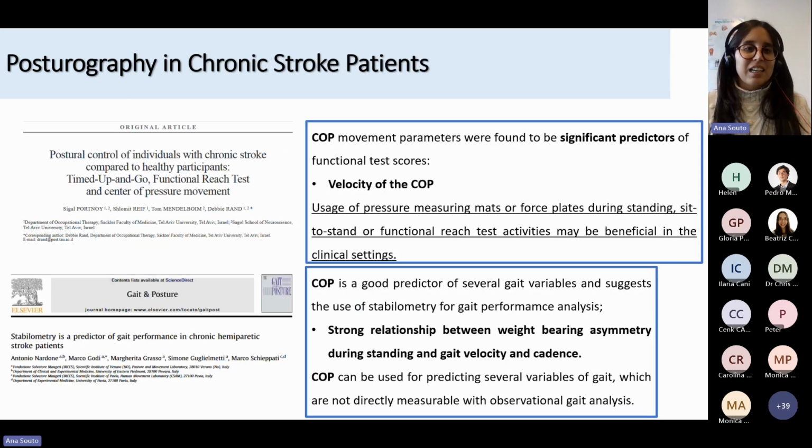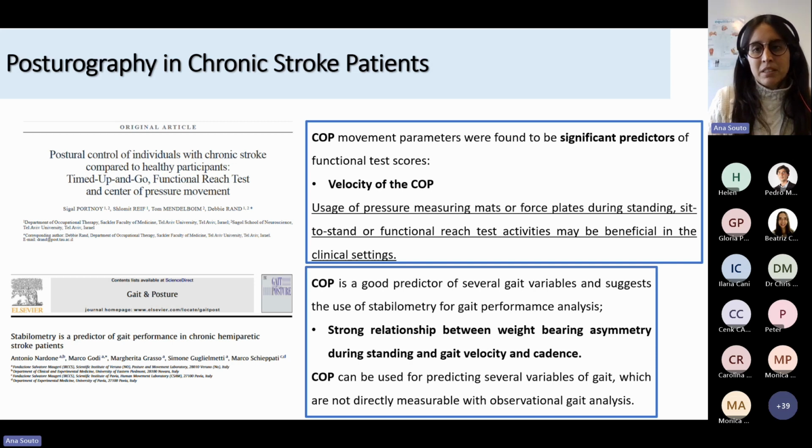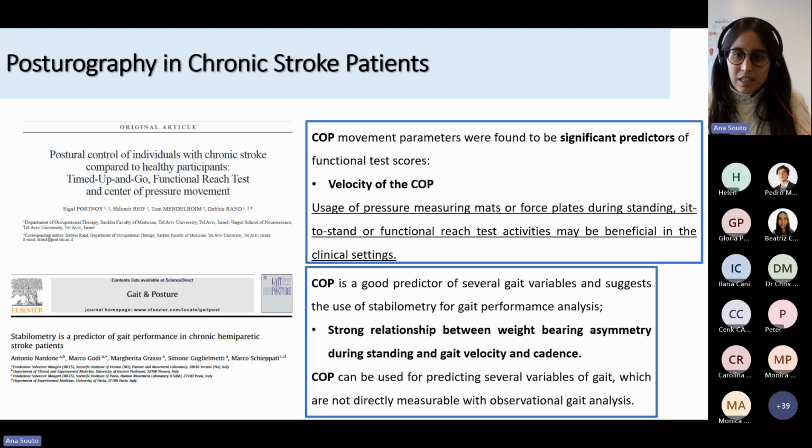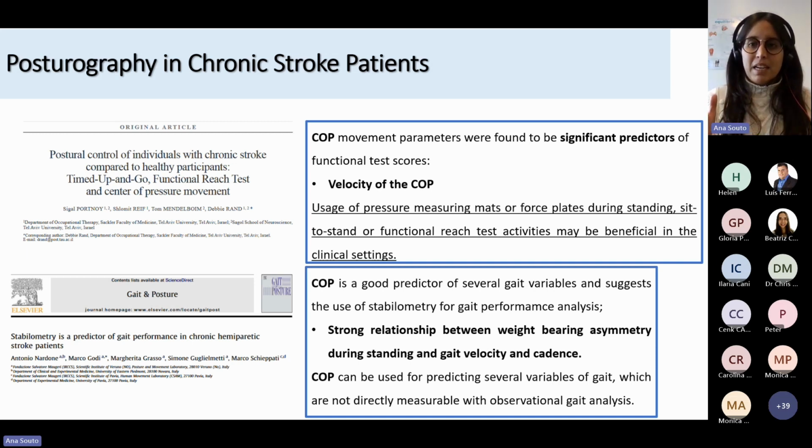Okay, now in stroke patients, chronic stroke patients. The first study aimed to assess correlations between timed up and go and functional reach test to center of pressure movement performed during 4 conditions. So during sit to stand, during standing with open eyes and closed eyes, and during the functional reach test.